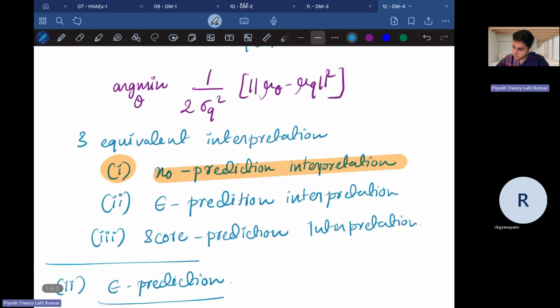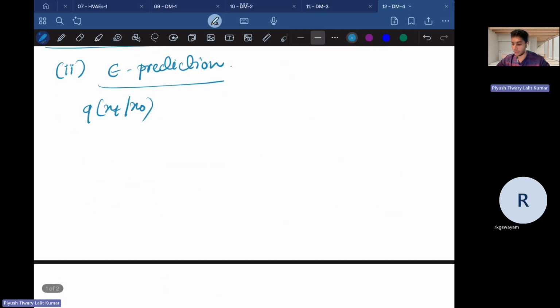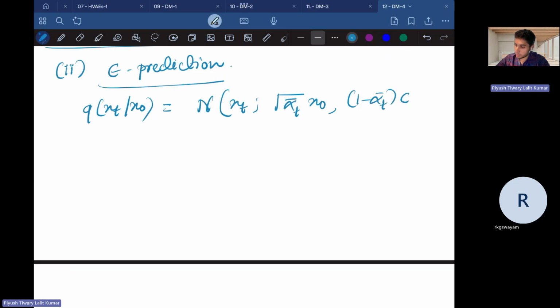So we will again come back to this equation directly. q of xt given x naught was a Gaussian, because xt was centered around root of alpha t bar x naught, with covariance 1 minus alpha t bar, epsilon naught. Well, this was I. Anyway, this is what the transition kernel from x naught to xt was.